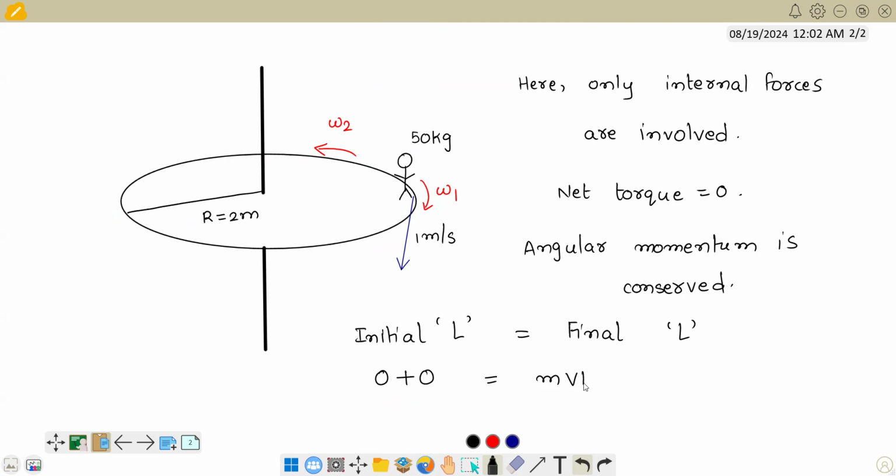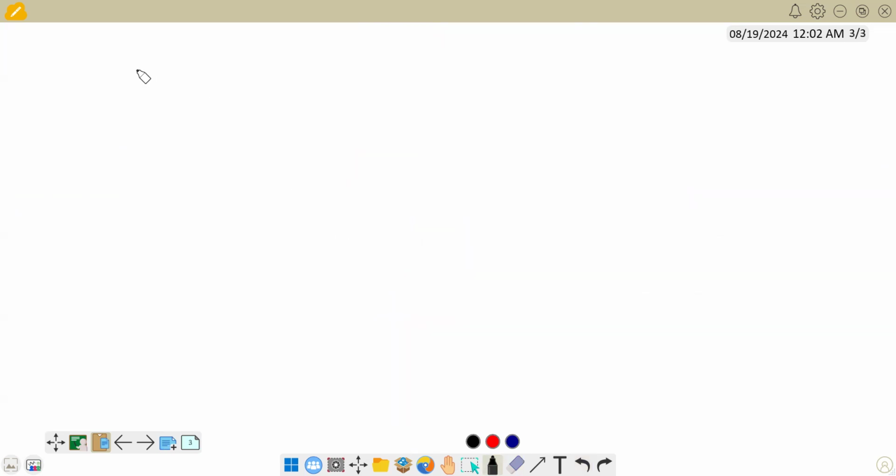So m v r, plus the angular momentum of the platform on which he is standing. Now, from this we can clearly see L of platform equals minus m v r.